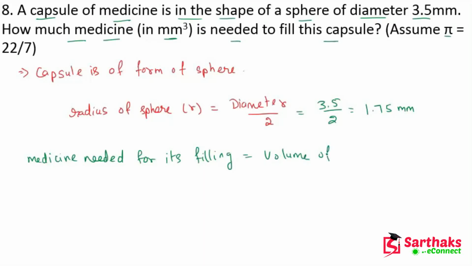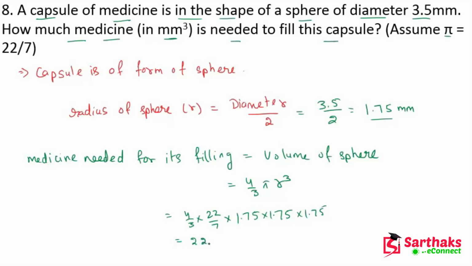Volume of sphere is 4 upon 3 pi r cube, which is 4 upon 3 into 22 upon 7 into 1.75 into 1.75 into 1.75. After solving this we get 22.46 mm cube. So this is the answer of this question.